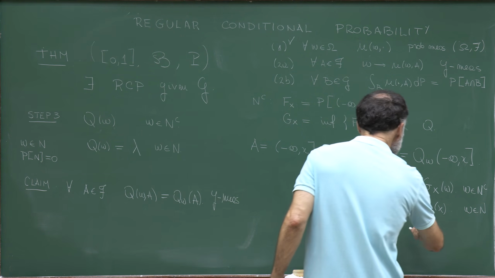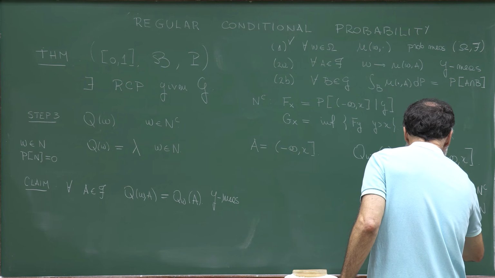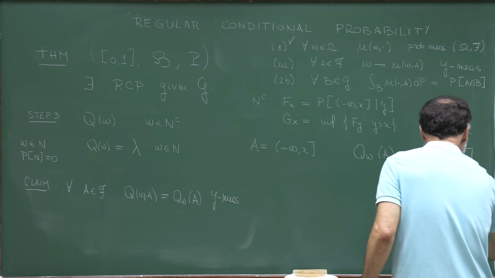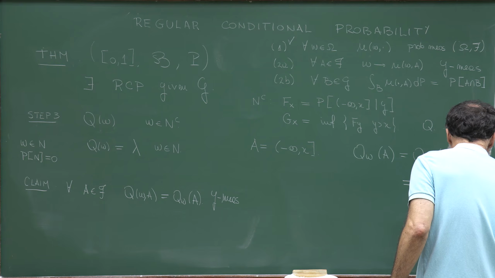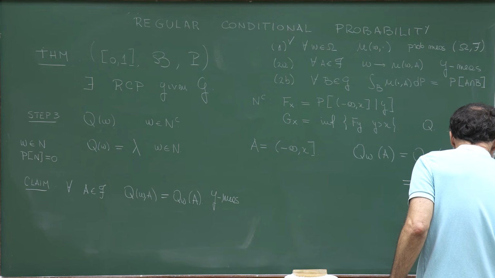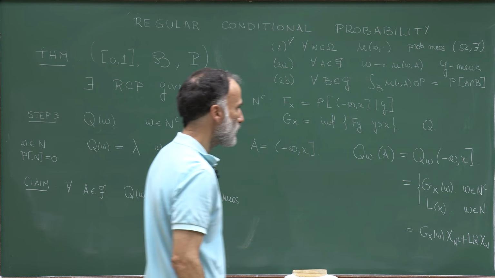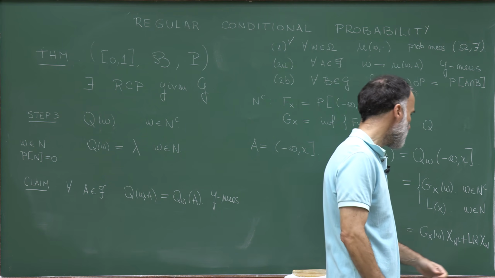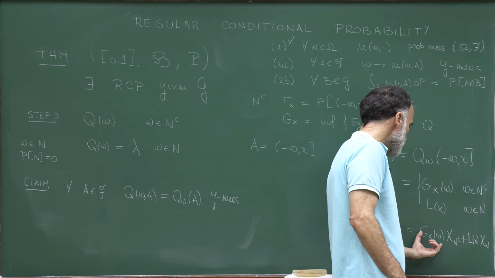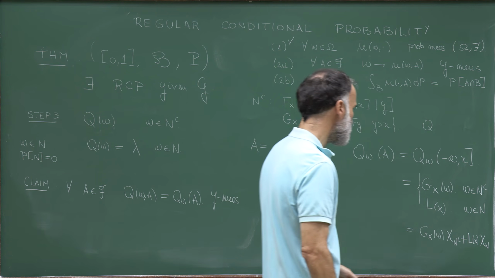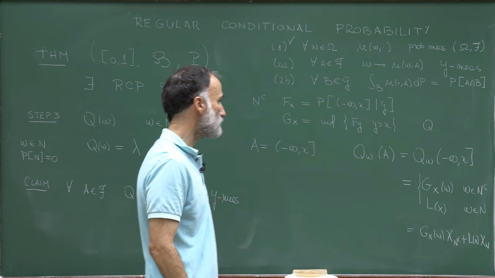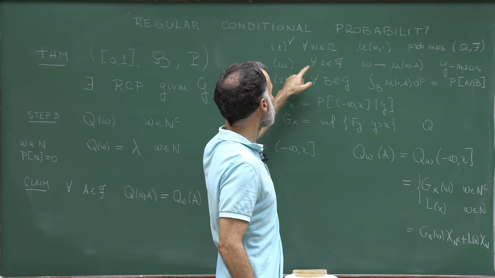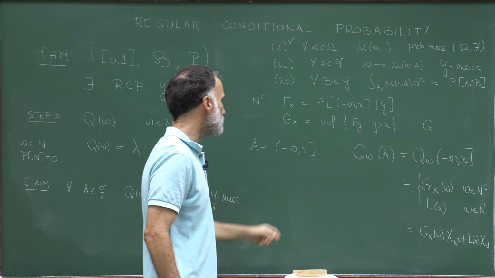So we could write this, if you wish, as Gx of omega in the set n complement plus Lx in the set n. And this function is G measurable because the sets n are G measurable, and this is a constant, and this is a function which is also G measurable. Therefore, this function is G measurable. So that proves this second property 2a in the case in which the set A is minus infinity x.